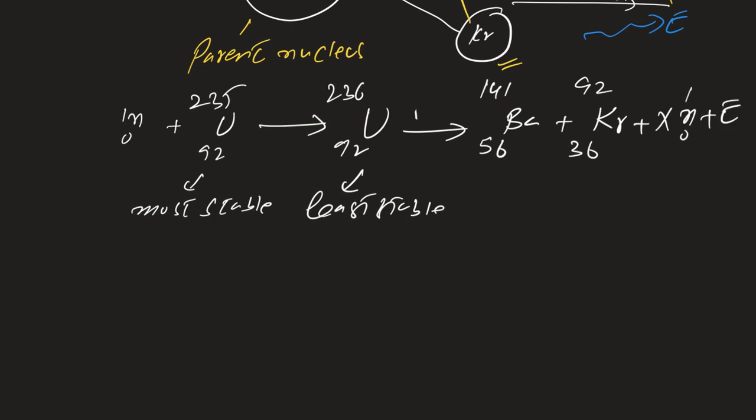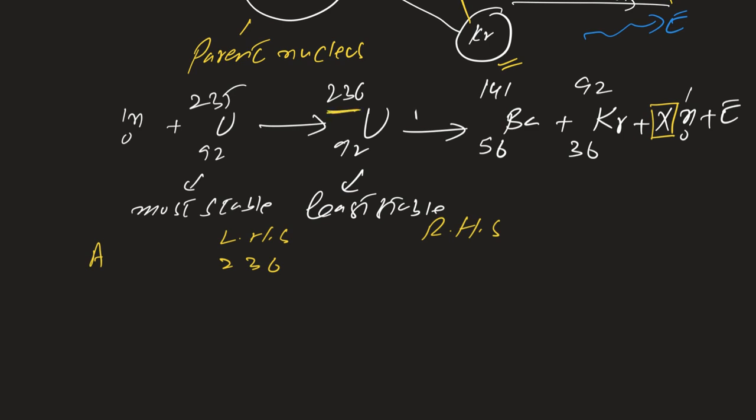and energy. If you are looking at how many neutrons are released during this reaction, I mean you are interested in this number, whether 2 or 3 neutrons are released, then we have to compare the mass number or nucleon number on both sides, which is A. First of all, see how many nucleons are on the left hand side and compare it with the number of nucleons on the right hand side.